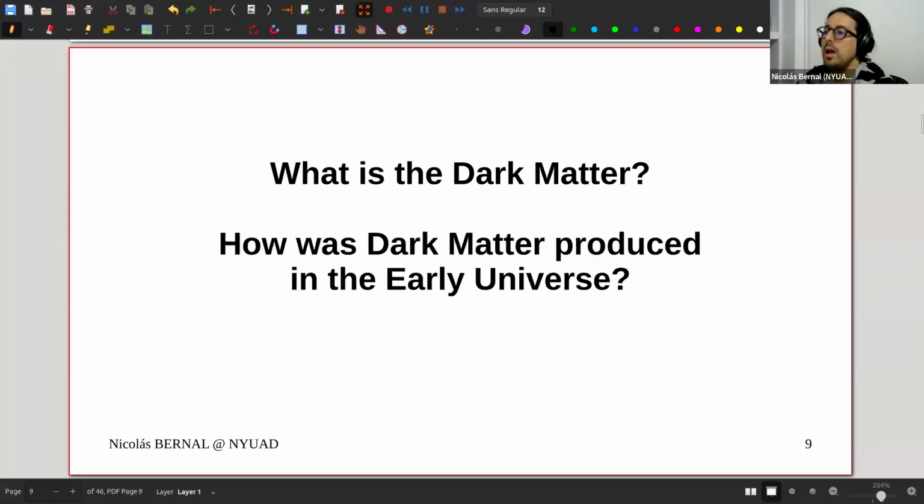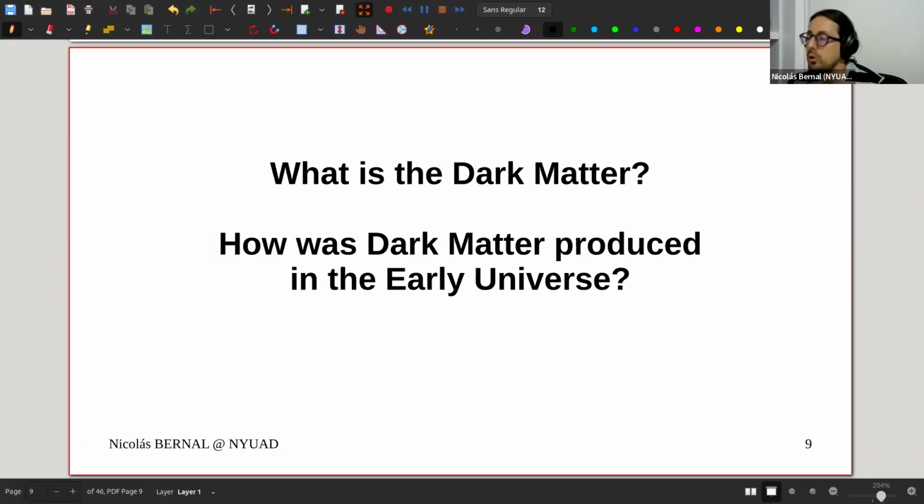It will be more, how was dark matter produced in the early universe? It's not exactly the same question. It will not be exactly the same answer. However, if we understand how dark matter was produced in the early universe, we will have information about some characteristics, so mass scales, typical couplings with it itself or with the dark matter.